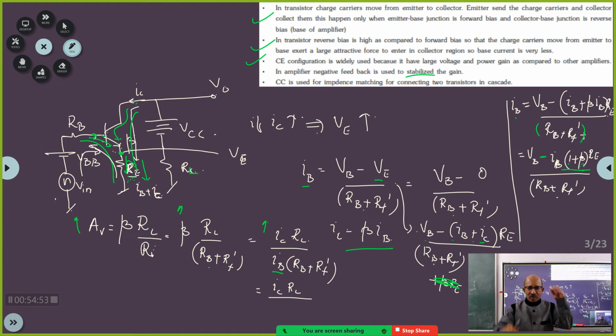So a little less, a little less. So finally, both will be stabilizing. Understood? So here you see, if IC increases, this voltage will increase and decrease the input. IC output increased, input decreased. This is called negative feedback.